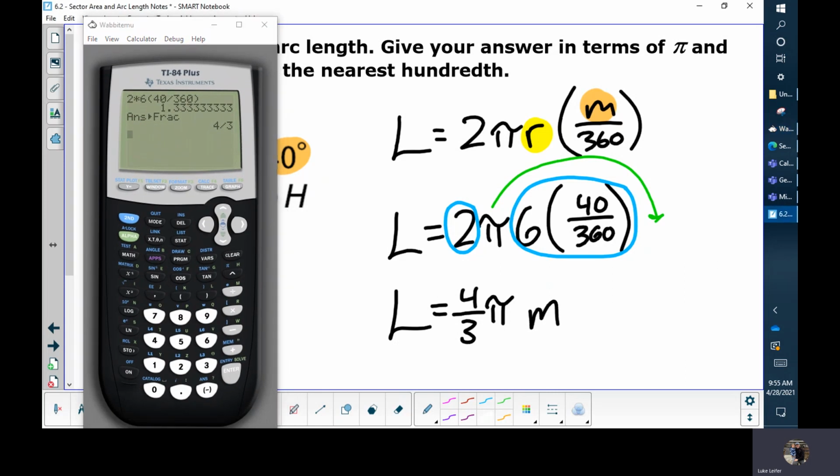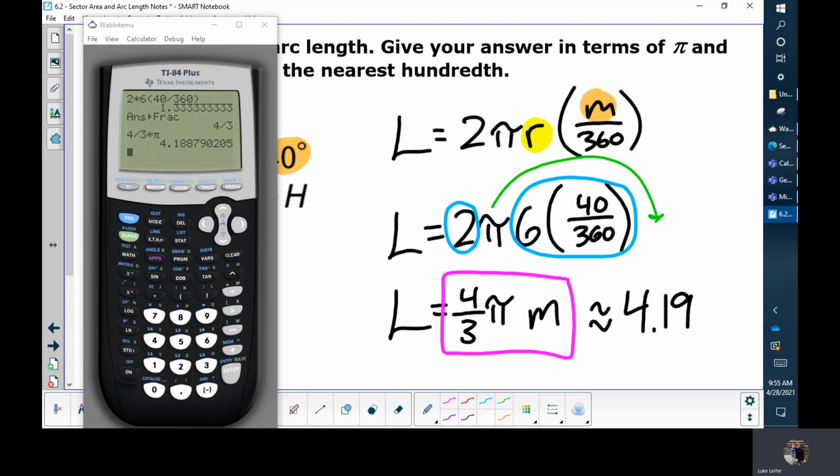Okay, don't square it because it is a one-dimensional distance. Okay, now do 4 divided by 3 times the pi button, and we get 4.19. And our approximate answer. And that is it for notes.